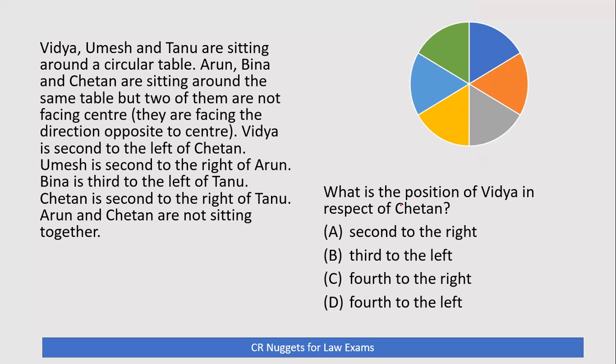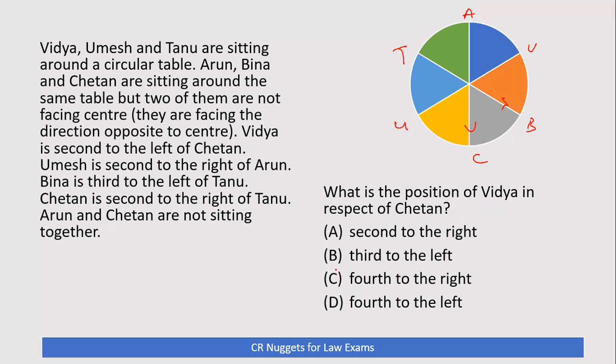What is the position of Vidya in respect of Chetan? All right. So my diagram was A, V, B, C, U, and T. This was my diagram. With respect to Chetan, who is looking outside, Vidya is second to the left, but second to the left is not given to me.